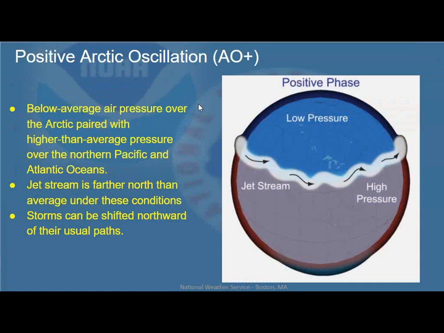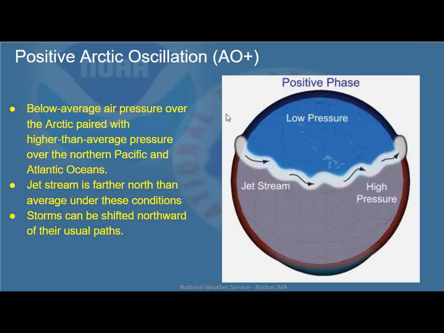In the positive AO phase, you have below average air pressure over the Arctic, paired with above average pressure over the northern Pacific and Atlantic Oceans. What this means is that the jet stream would be further north than normal under these conditions, and storms can usually be shifted northward from their usual path.